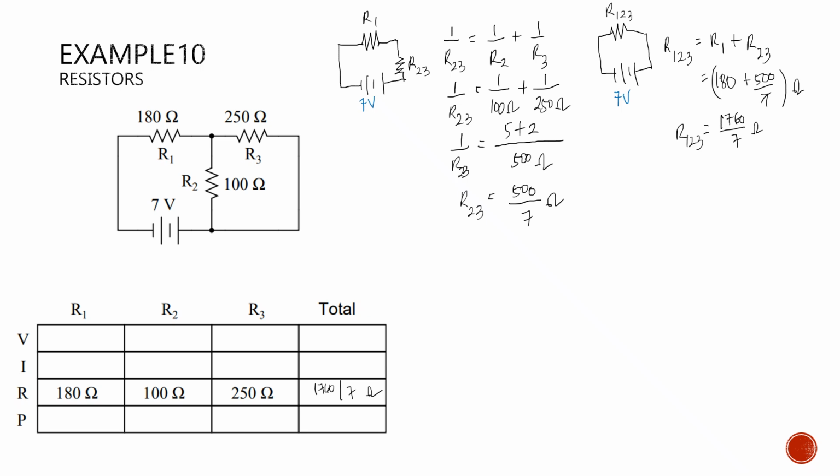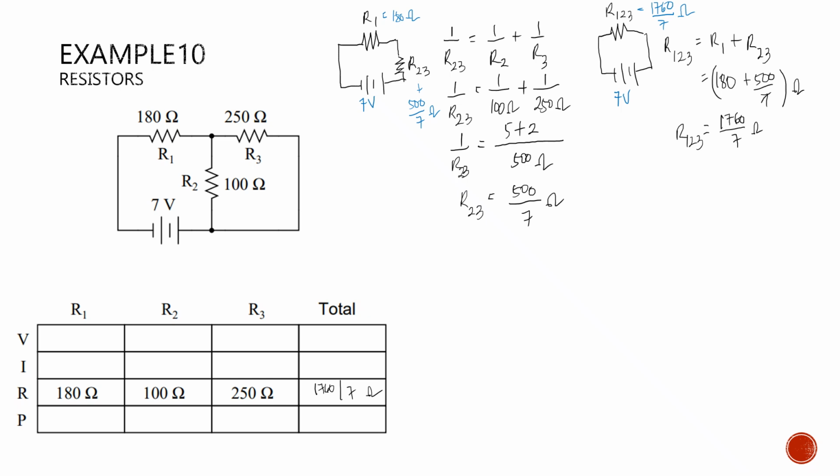So let's put the values here. So R1 is 180 and R23, that's 500 over 7 ohms, and R123 is 1760 over 7 ohms.